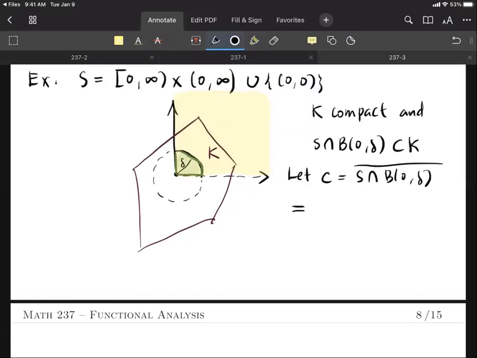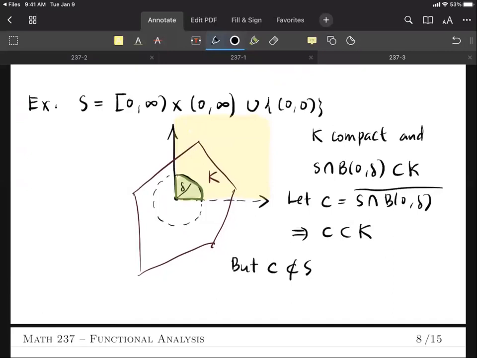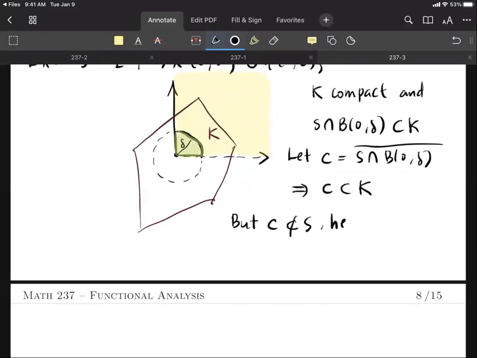Therefore, since the closure is the smallest, C must be a subset of K. Now, you know that C is not a subset of S, because you have this portion here that was included in C but not a part of S. Hence, K will also not be a subset of S, because there is an element of C, which is also in K, that is not in S.